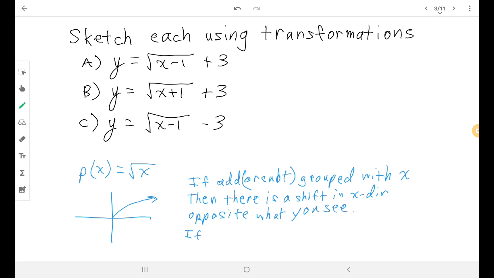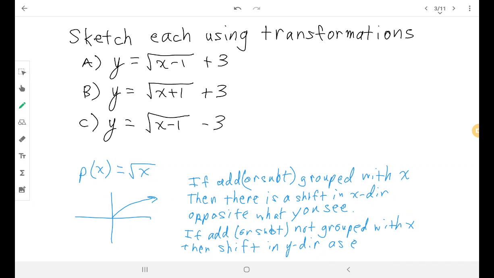If you add or subtract not grouped with x, then the shift is in the y direction as expected.